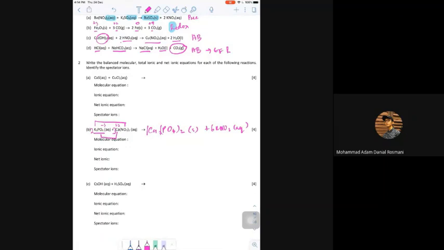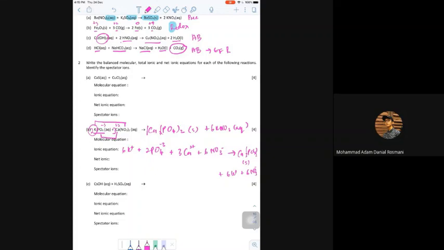In the ionic equation we will have 6K plus with 2 phosphate plus with 3 Ca2 plus with 2 times 3 means that 6 NO3 minus turns to Ca3PO4 2 remain as it is because it is solid, plus 6K plus 6 nitrate.